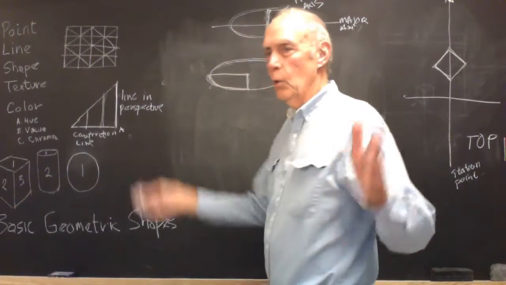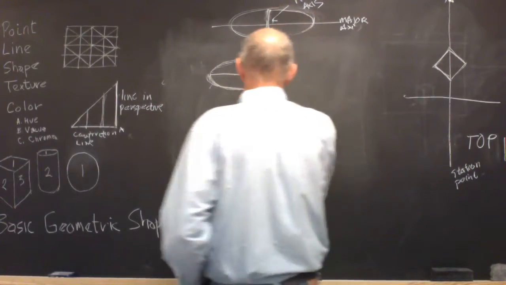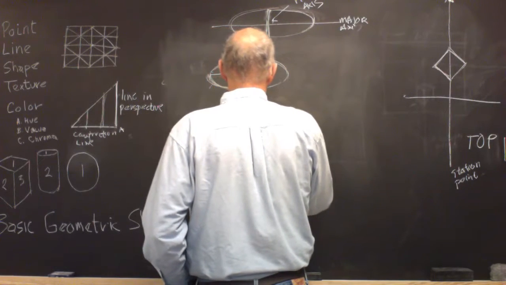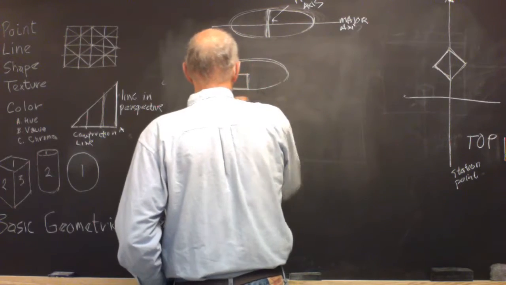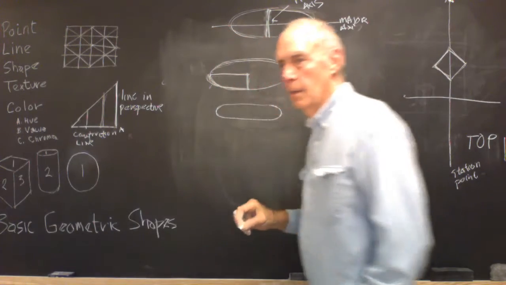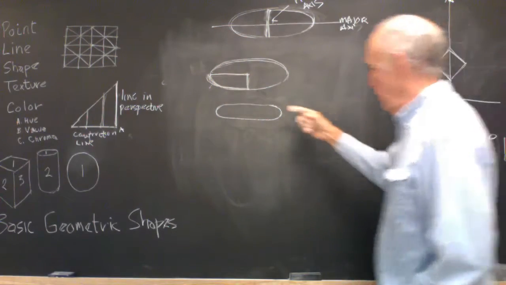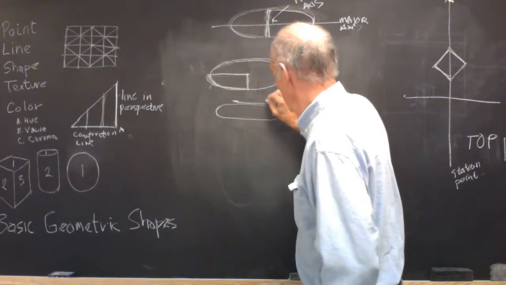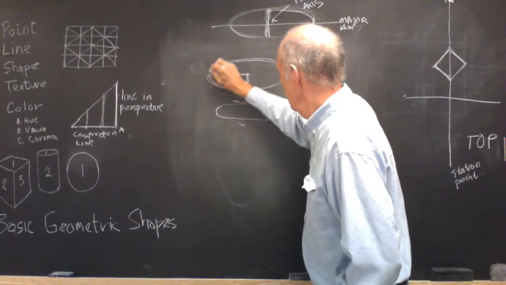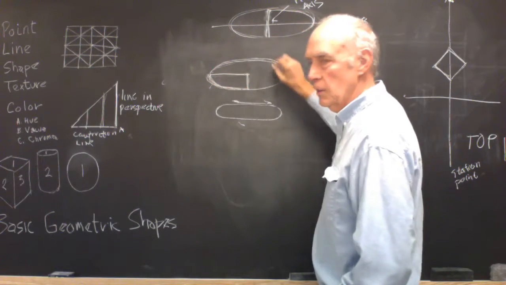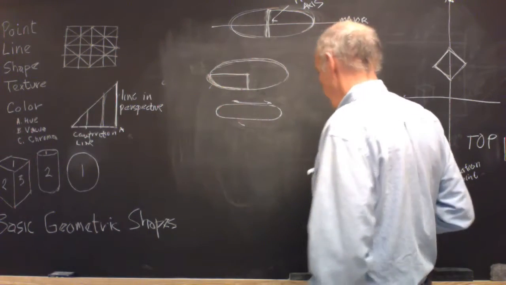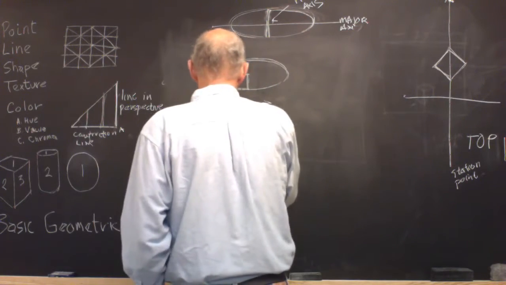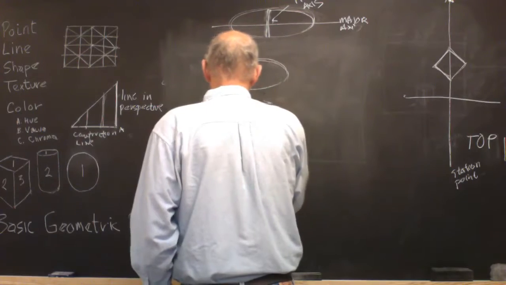If I had a whole room of people, I would be getting some ellipses that look like this. I call them my hot dog ellipses. There has to be a constant arc through here. This can't be straight. It has to be constantly changing. I sometimes will get this. It's called a pointed ellipse.